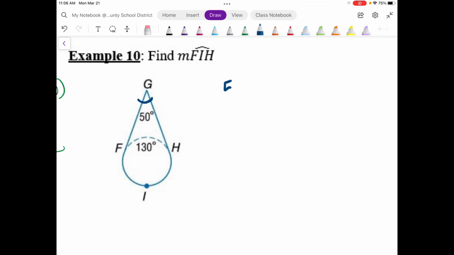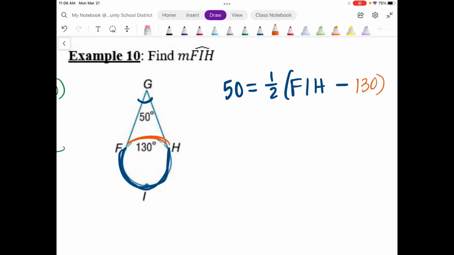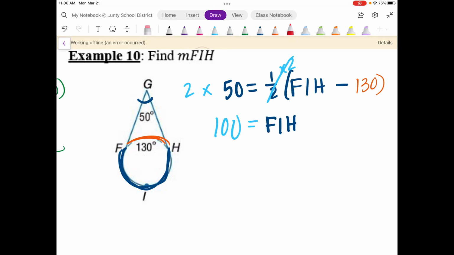Little angle, 50, is going to equal 1/2 the outside angle, which is what we're looking for, FIH, minus the inside angle, which is 130. We're going to multiply both sides by 2 to get rid of that fraction, which leaves me with 100 on the left, FIH, which is what I'm looking for, and minus 130.